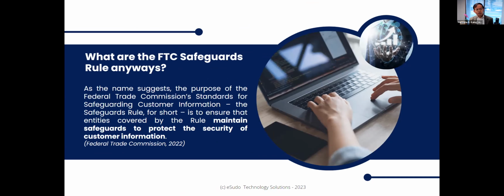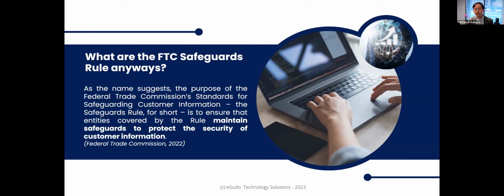So on to what the FTC Safeguard Rule is about anyway. As the name suggests, the FTC, the Federal Trade Commission, is mandating the implementation of new technologies and security controls to protect the security, confidentiality, and integrity of customer information.